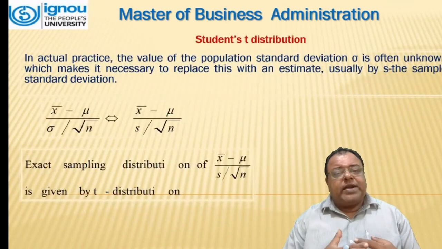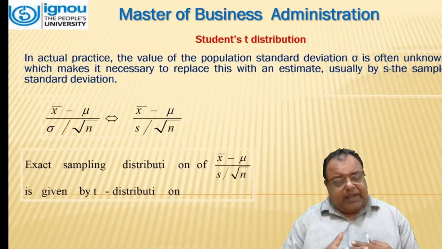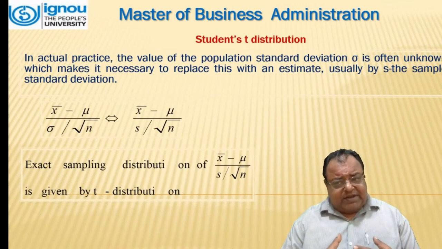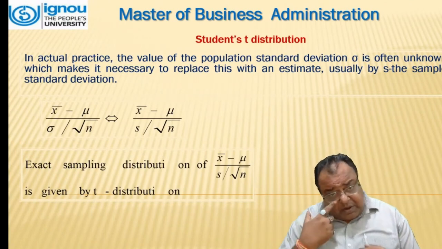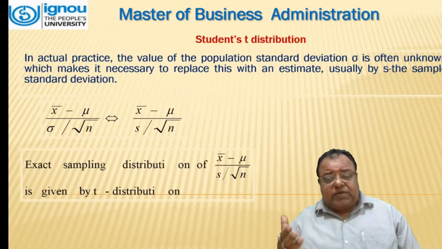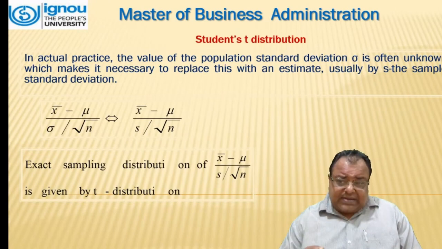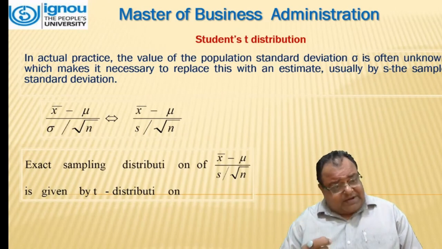Now, the student's t distribution. In actual practice, the value of the population standard deviation sigma is often unknown, which makes it necessary to replace it with an estimate, usually S, the sample standard deviation.